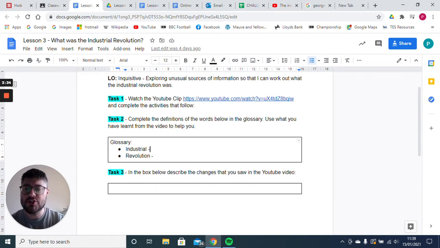In the industrial period, people stopped working on farms and moved to the cities. Not everyone, of course. Some people remained on the farms, but a lot of people went to live in the cities, and instead of working on farms, they started working in factories. So industrial is all about factories and manufacturing.